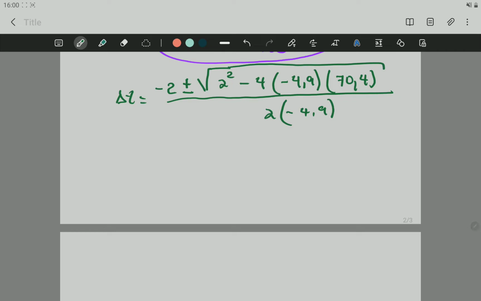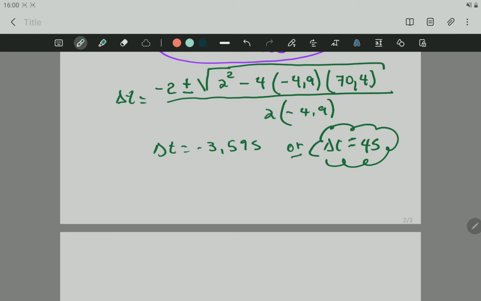When you do the calculation, which you must do, you get two answers. You get time equal to minus 3,59 seconds, and the other answer is time equal to 4 seconds. Note the following: time cannot be negative, so this cannot be the answer.